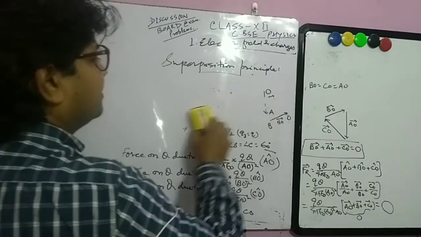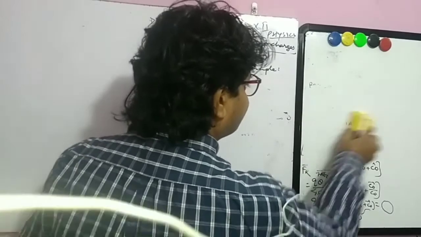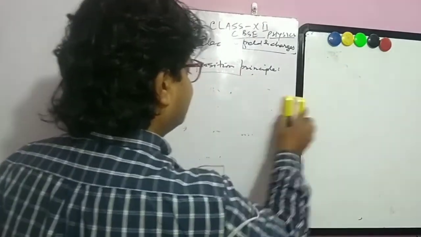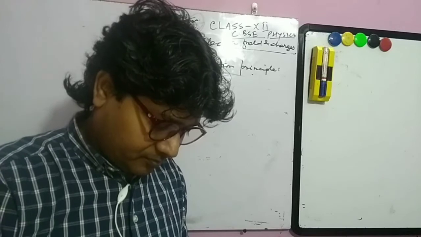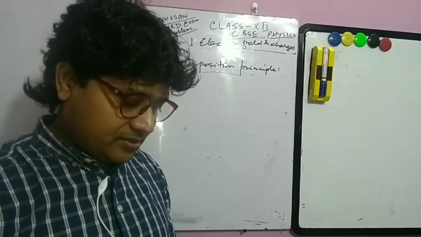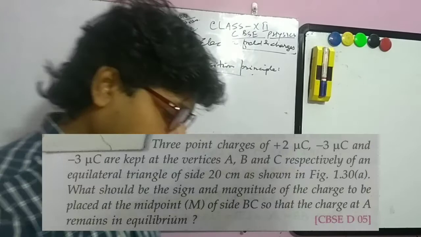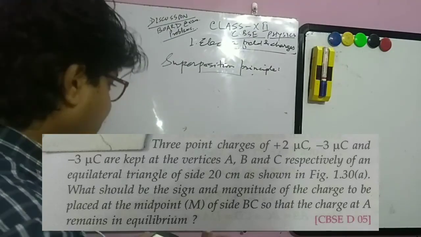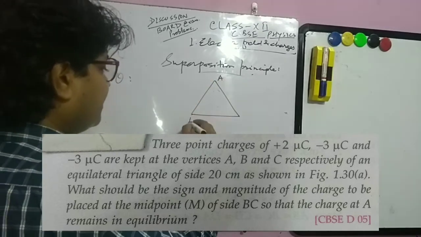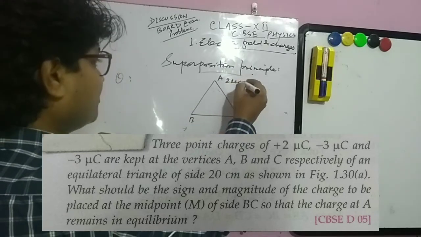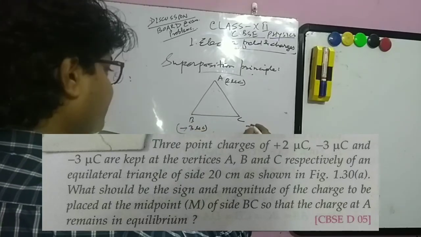So another problem we are taking on the superposition principle only. There are more problems we can solve, and this is 3-point charges, a very good question. 3-point charges A, B, C. This is 2 microcoulomb, this is minus 3 microcoulomb, and this is minus 3 microcoulomb.